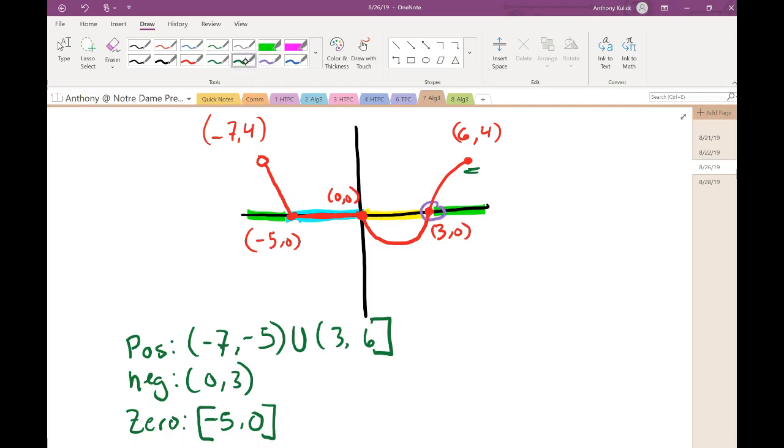That's a finite 0. So I'll do a union, and then a curly brackets around the 3. Why would it have the brackets around -5 and 0? Because the point -5, 0 is on the x-axis, so that should be included with the zeros. And the point 0, 0 is on the x-axis, that should be included with the zeros.